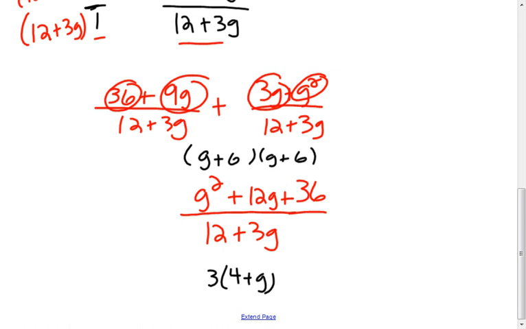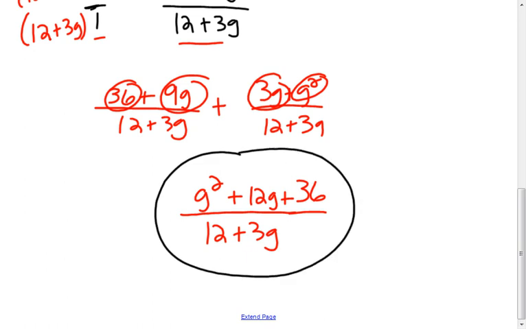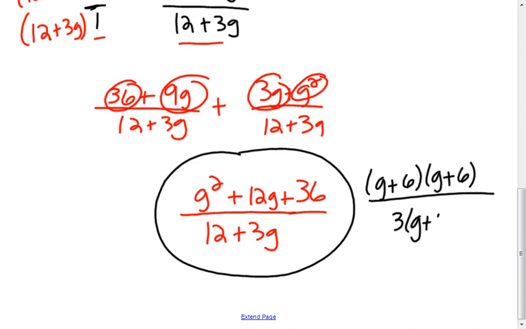When you do that, nothing canceled, so it did not really do us any good to factor in that case, but check it, because sometimes things will cancel and you can simplify a little farther. So this is where it's going to end up. If you want to, you can leave it as g plus 6 times g plus 6, or g plus 6 squared would be another way to write that. This answer would be okay too, either way.